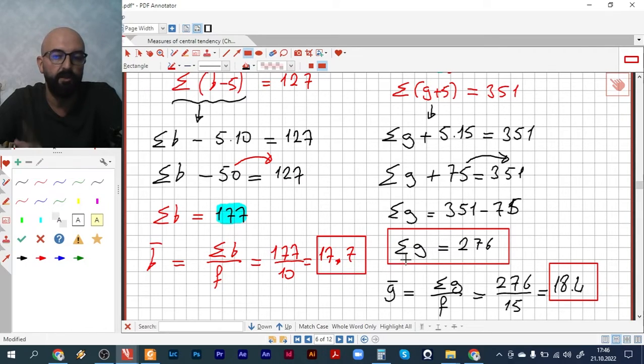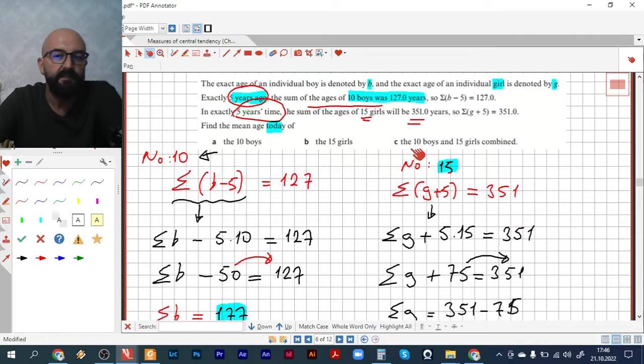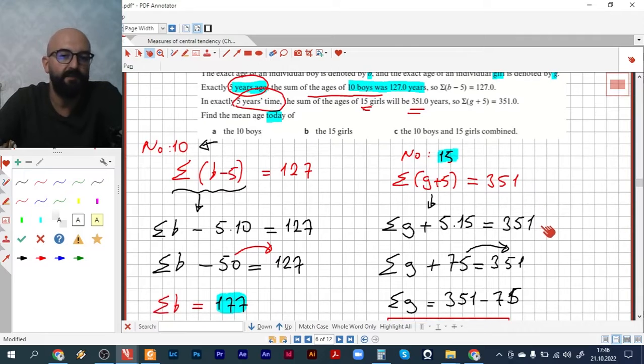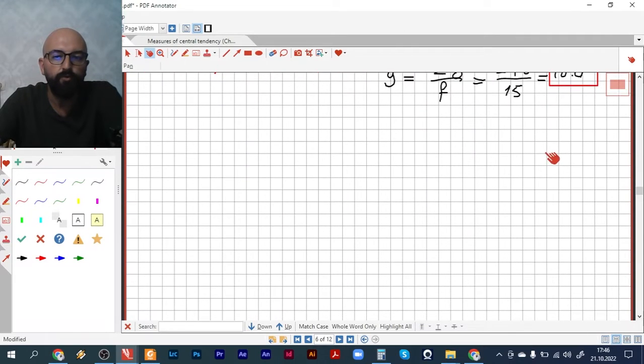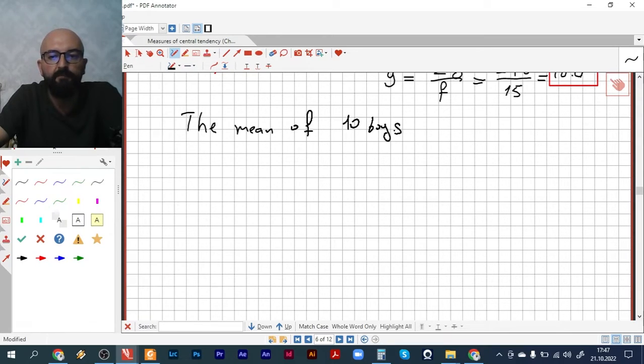And the other section, the 10 boys and the 15 girls combined. We want to find the mean of 10 boys and 15 girls.